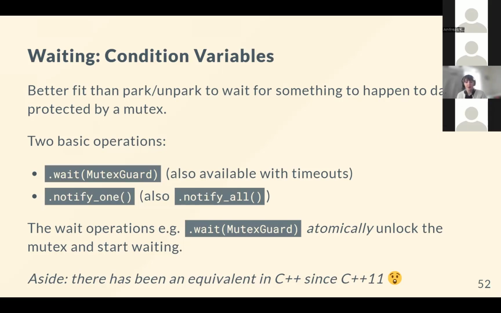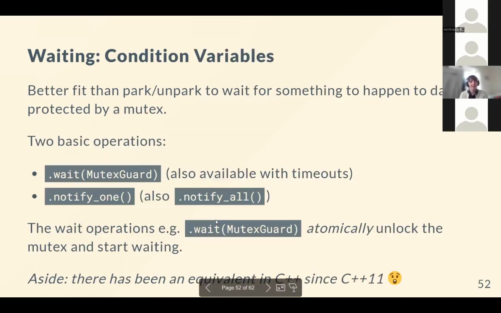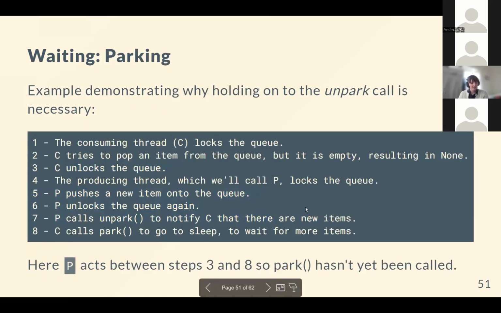So the wait operations atomically unlock the mutex and start waiting. And what that means is this gap here can never happen with a condition variable. So you can't unlock the queue and not have called park.